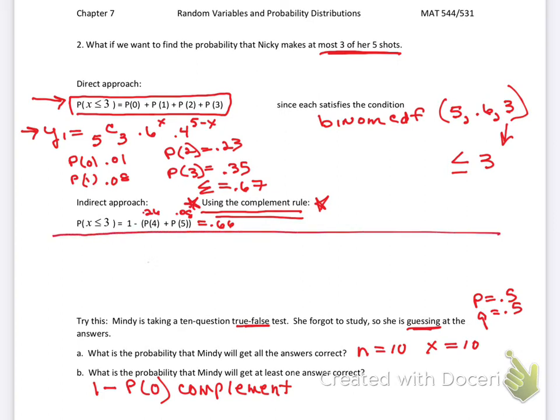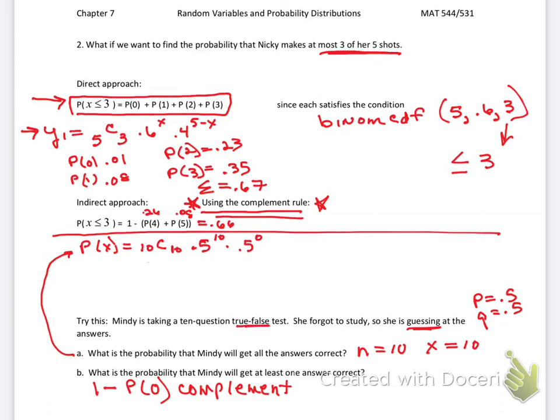So now let's do our A up here. What's the probability that Mindy will get all the answers correct? So the probability of X equals 10 choose 10 correct, 0.5 to the 10th power times 0.5 to the 0 power, and we're going to figure that out.